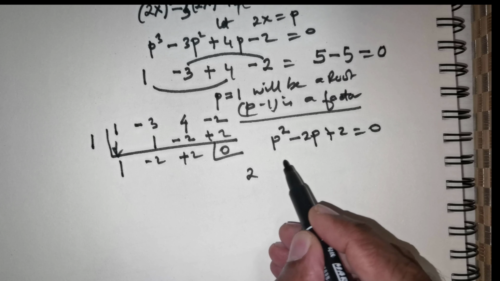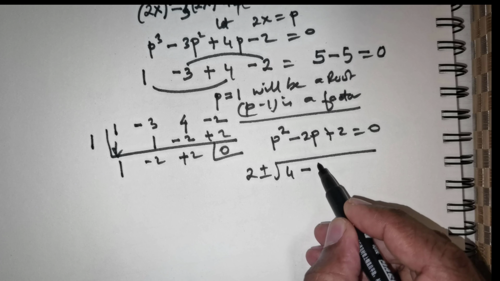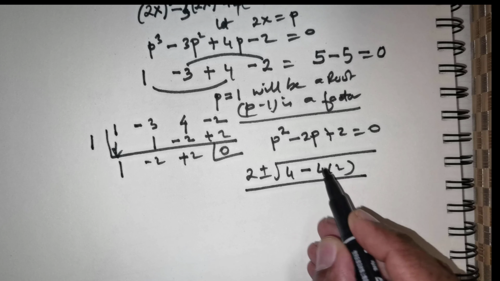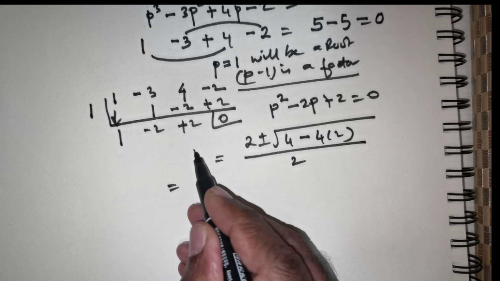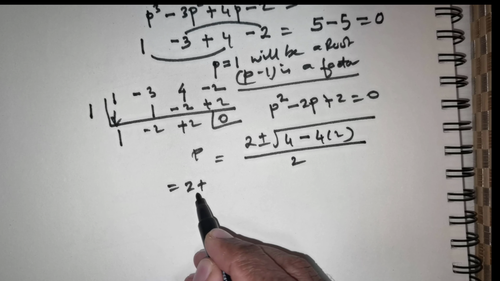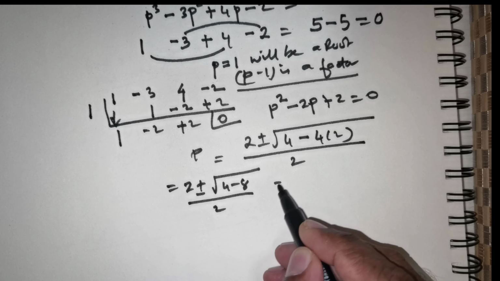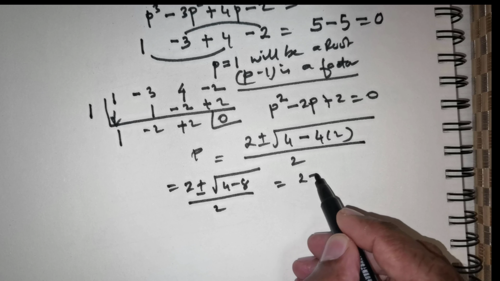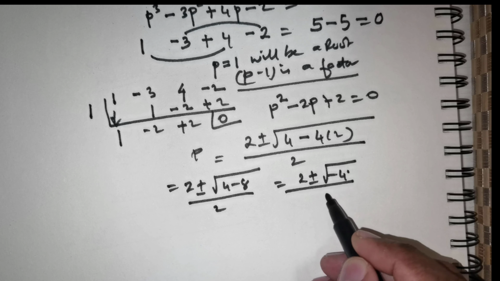It's going to be 2 plus or minus root of 4 minus 4 times 2, divided by 2. This is equal to 2 plus or minus root of 4 minus 8, divided by 2, which is equal to 2 plus or minus root of negative 4, divided by 2.